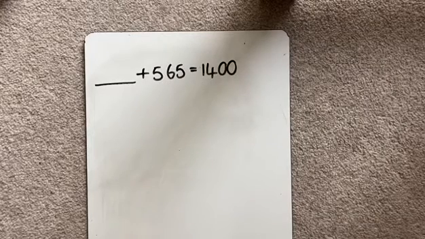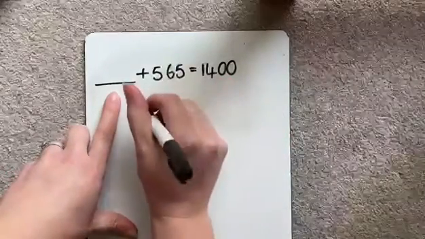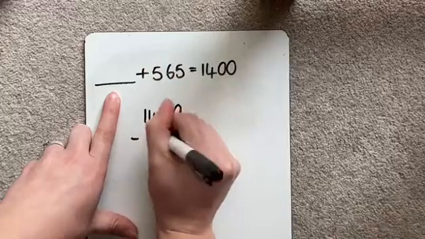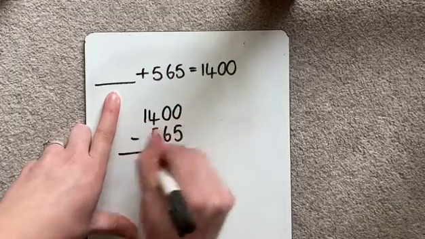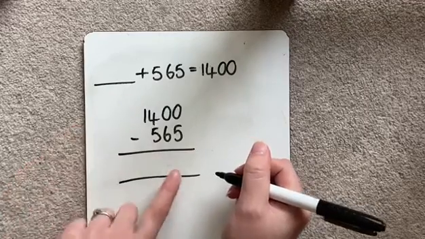So something add 565 equals 1,400. Now I would do the inverse operation here to find the missing number. So I would do 1,400 take away 565 to find that missing number. And this is going to involve quite a bit of exchanging.